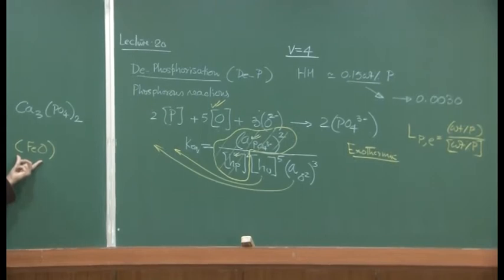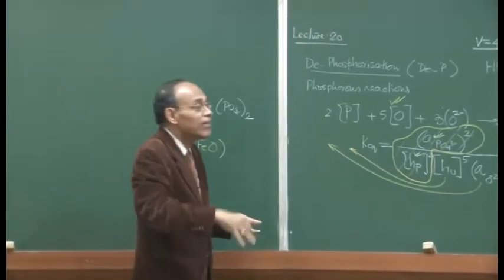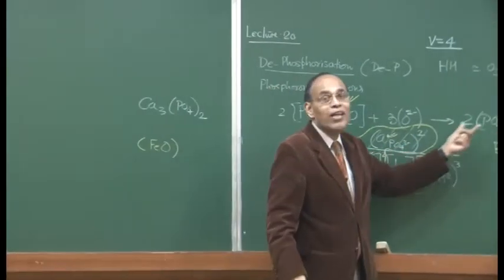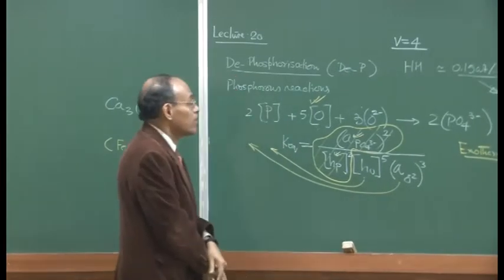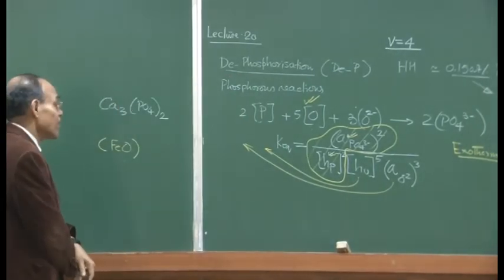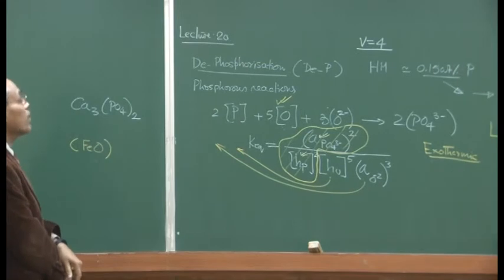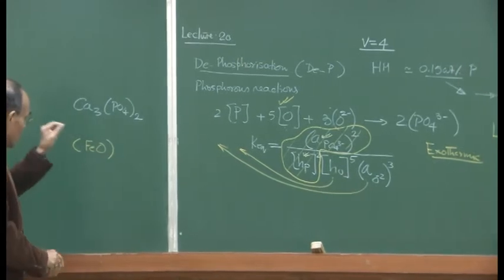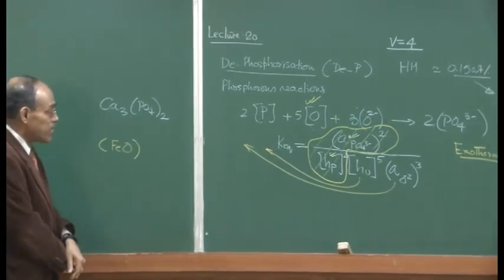Now you can see that if we cannot control the endpoint, we have a chance of not only hitting the wrong carbon, but also getting phenomena like phosphorus reversion, or I would say that phosphorus elimination may not be that effective if we fail to hit the endpoint very precisely.